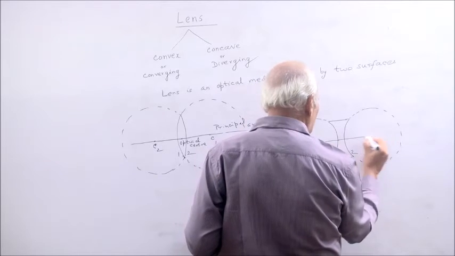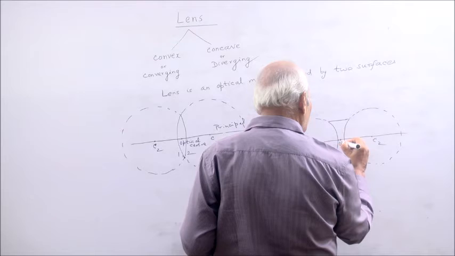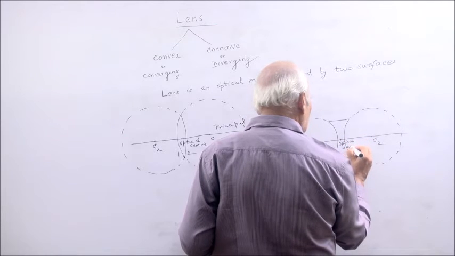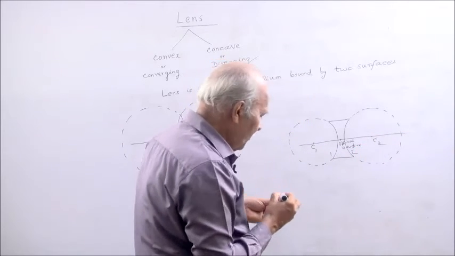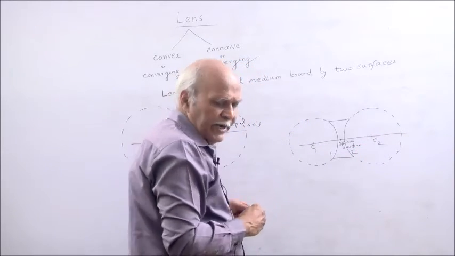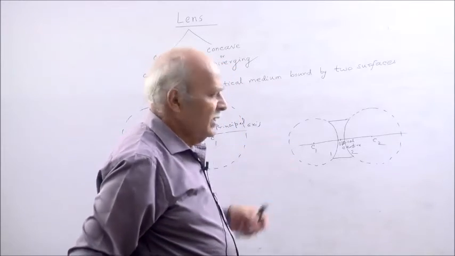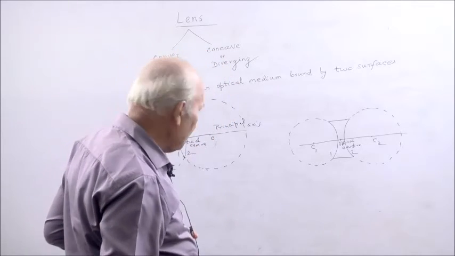Here also you get the same thing. Principal axis. And this optical center is a point such that any ray that passes through it does not deviate.